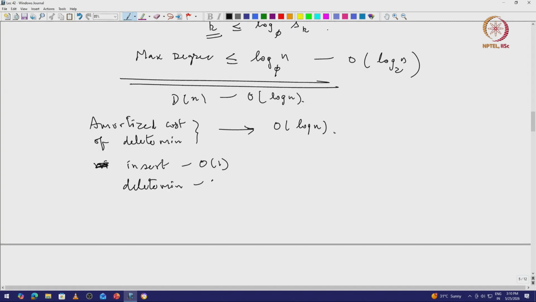Delete min is order log n amortized cost. Actual cost could be as much as the number of nodes in the root list, but amortized cost is order log n. Similarly, decrease key is order 1 amortized cost.